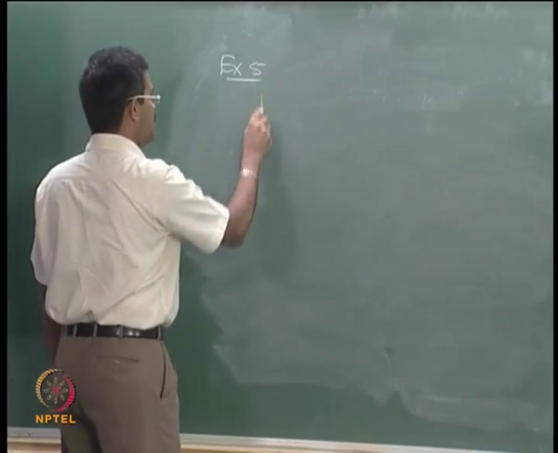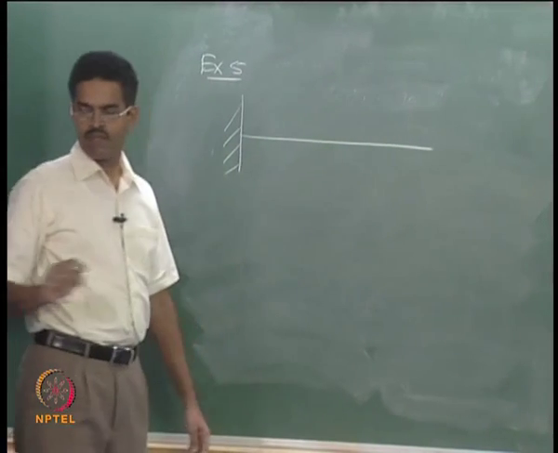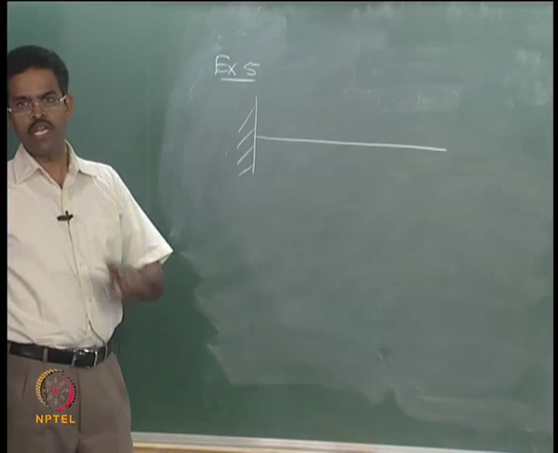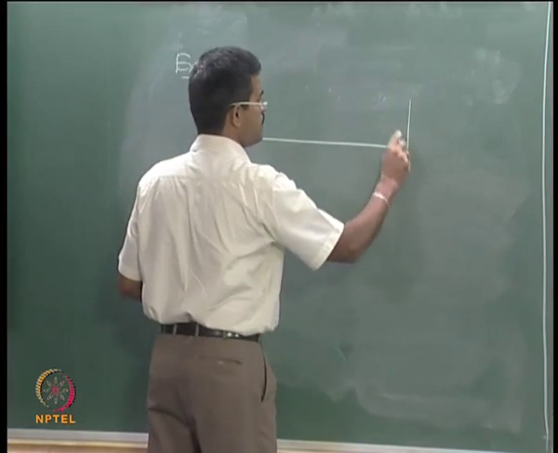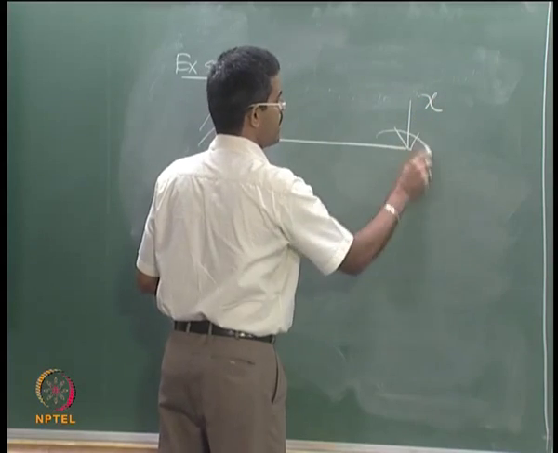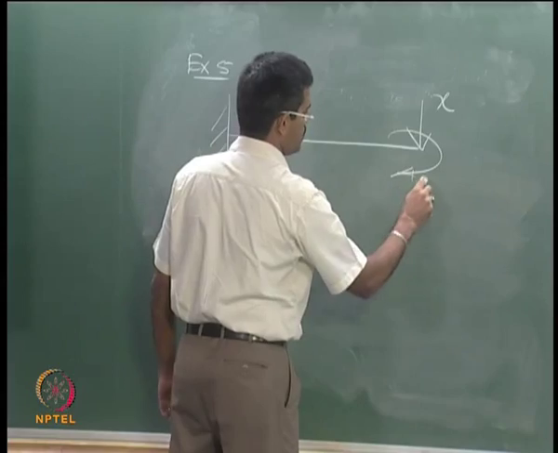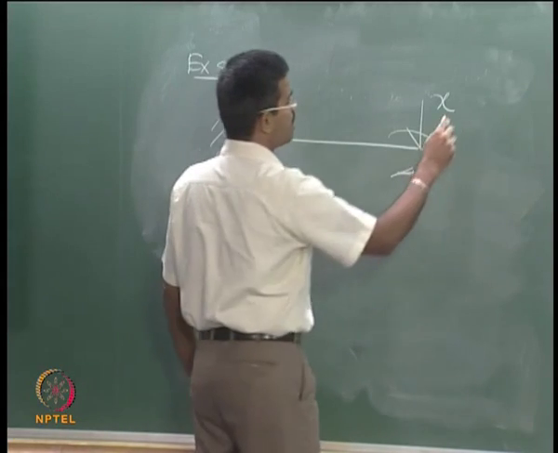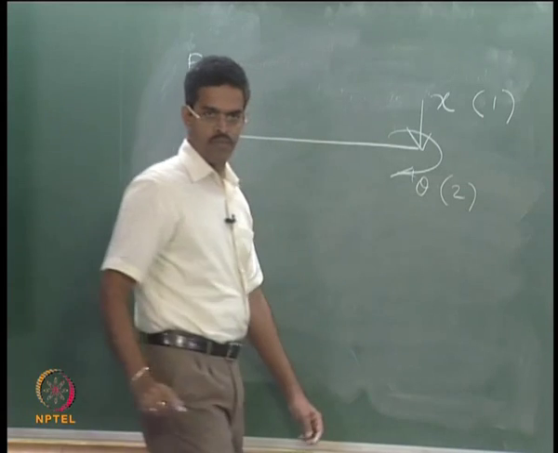So I have a cantilever beam. I have got 2 degrees of freedom for this problem now. Let us say this is my degree of freedom x and this is my degree of freedom theta. I can call x as 1 and theta as 2.